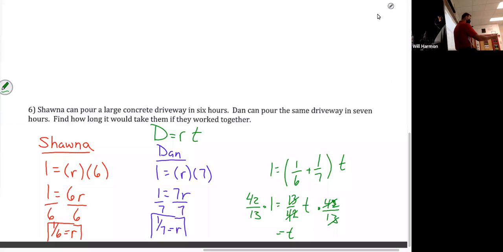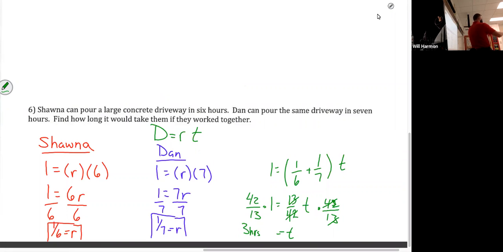Come on. Use your phone. 3 hours. Not 3.5. 3.6.